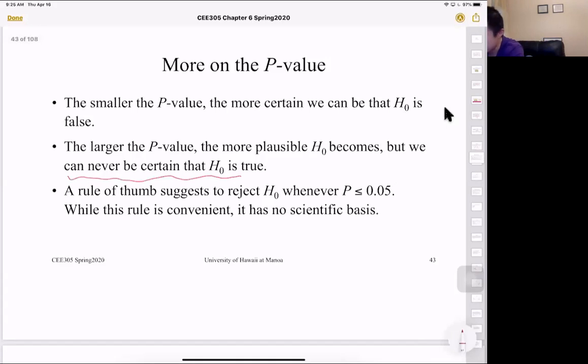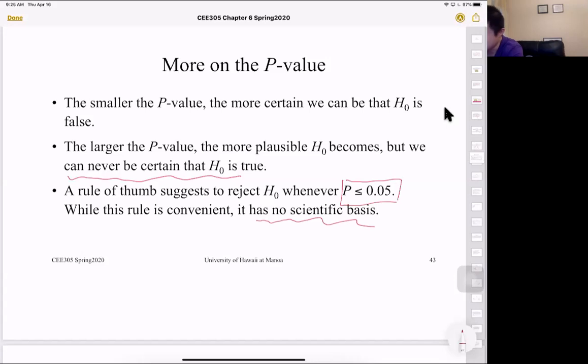So if the question doesn't tell us alpha, typically we use 5%. When the p-value is less than 5%, we conclude we reject H0. But this rule doesn't have any scientific basis.